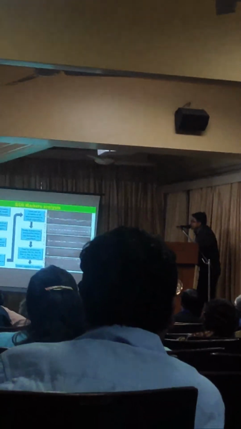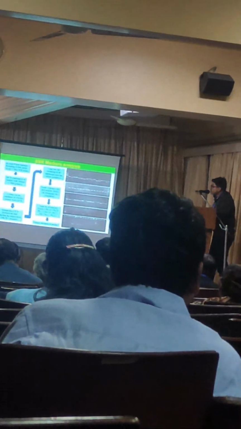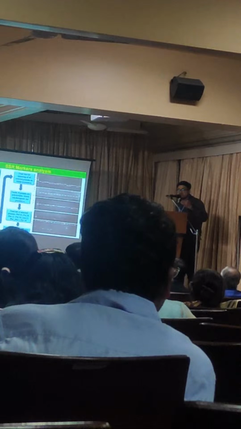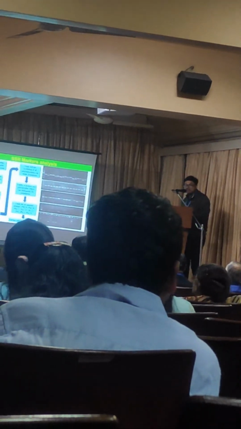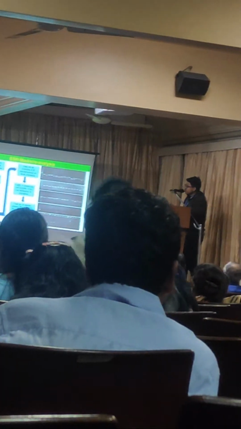Then after getting the assembled sequence, we did in silico whole genome screening for SSR motifs, and we got a huge number of primers, nearly 5,000 primers, which we screened on the sequenced whole genome.